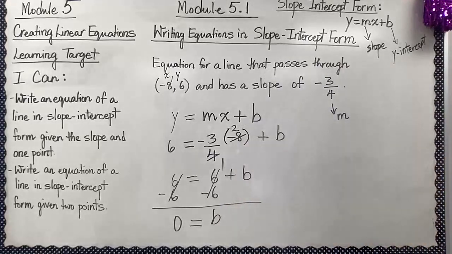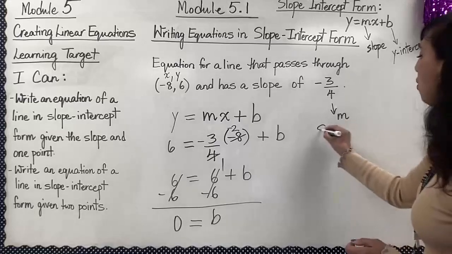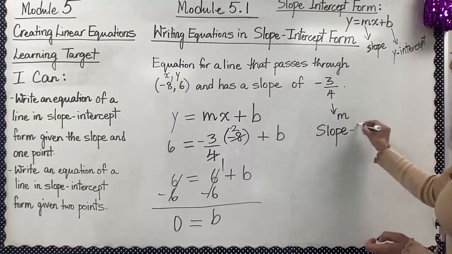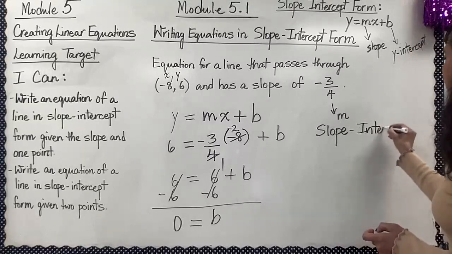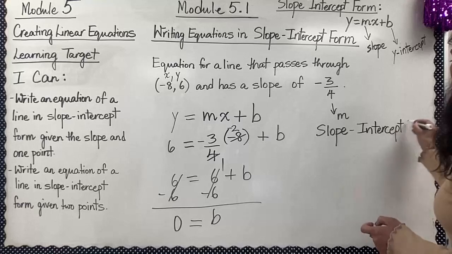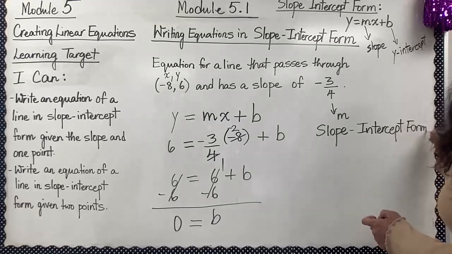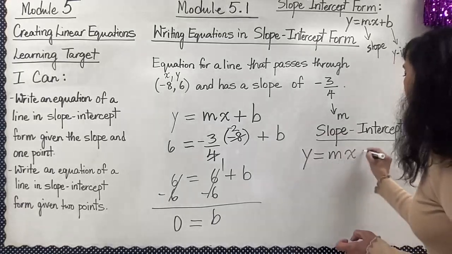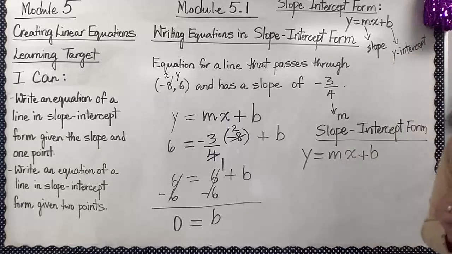Once I have that, I am going to write the equation in slope-intercept form, y is equal to mx plus b.